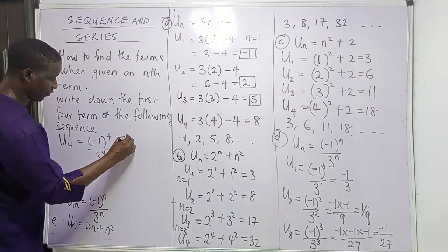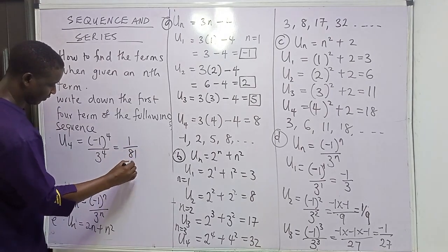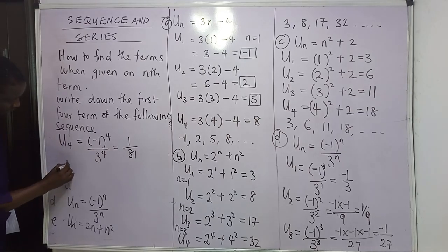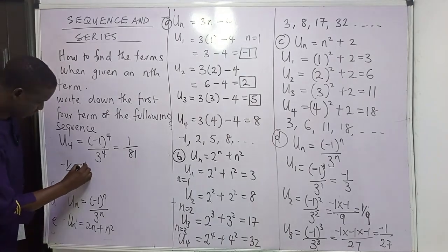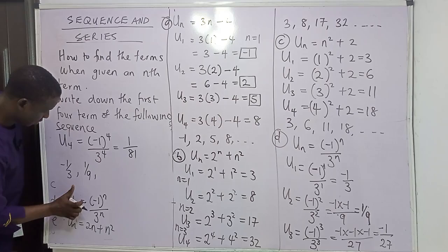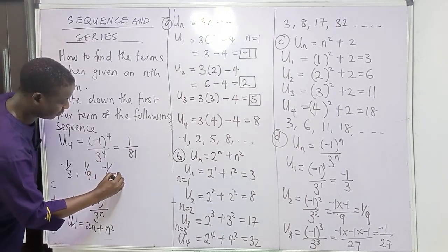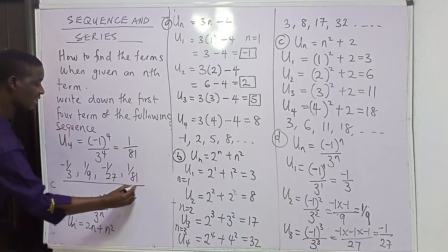Minus 1 raised to 4, if you press the calculator, is 1. 3 raised to 4 is 81. So the first 4 terms are now minus 1 over 3, comma, 1 over 9, comma, minus 1 over 27, comma, 1 over 81. Now, this is the answer to that question.